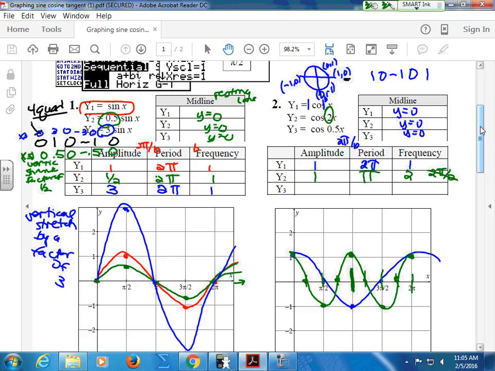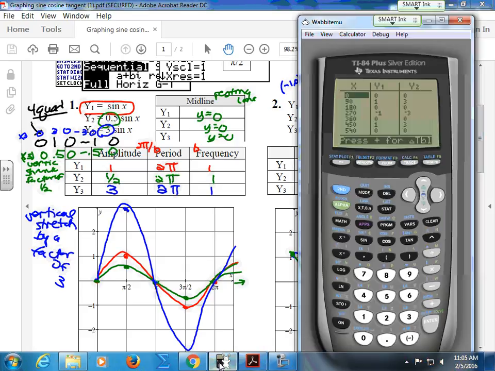Now, watch what happens when I put this in my calculator. First of all, I'm going to change this to cosine. And my second one, I'm going to say, what was it, 2? Cosine 2x, right? Cosine 2x. I left this in degrees, so we're just going to graph.